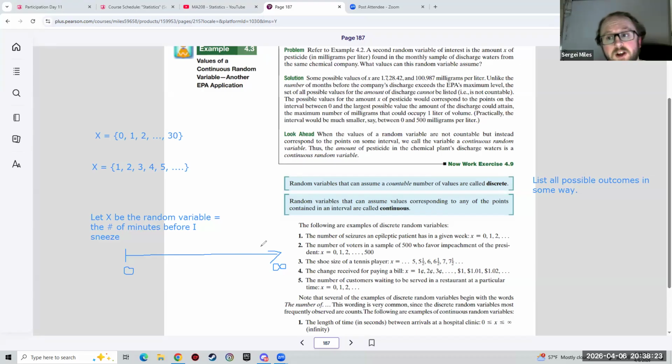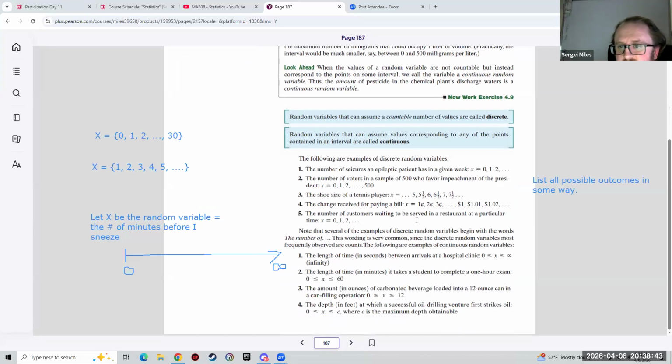Now, for this video, we're trying to focus on the discrete random variable case, but as we start chapter 4 here, we just want to highlight the types of random variables we can run into so we're aware of them as we come to them later in chapter 4. All right? Now, the textbook does give some examples to help differentiate between discrete and continuous.